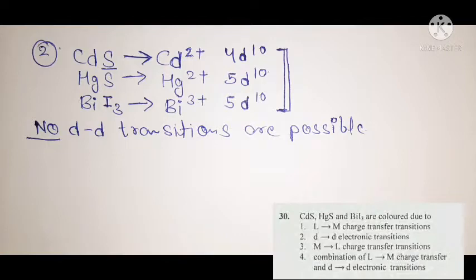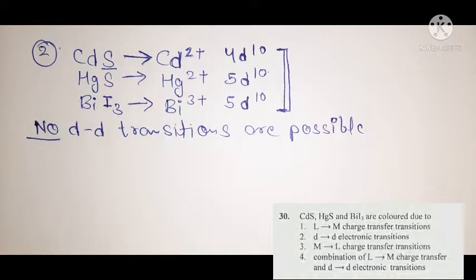Now first of all we check the possibility of metal to ligand charge transfer transition. In coordination chemistry, or in any complex, when we check the possibility of metal to ligand charge transfer spectra, we must check that the ligand must be a pi acceptor ligand.